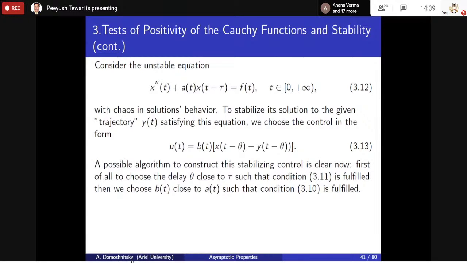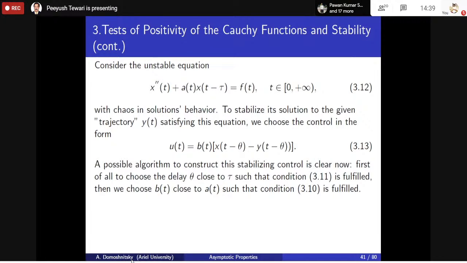And consider the unstable equation. Why is the equation unstable? If the delay is a positive constant tau, I demonstrate that our equation has an unbounded solution.